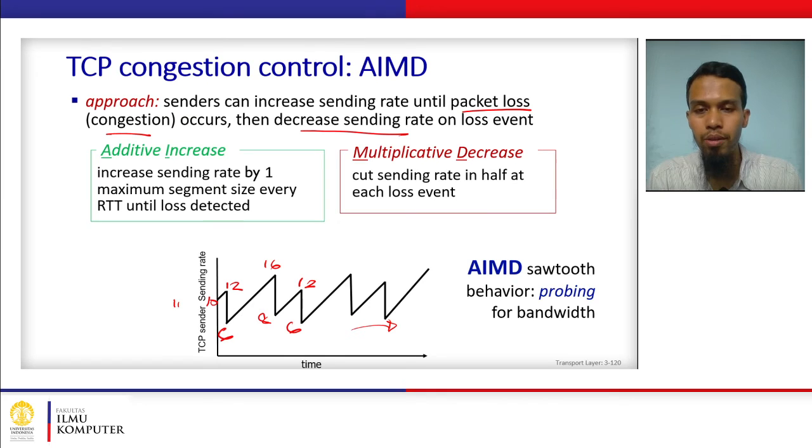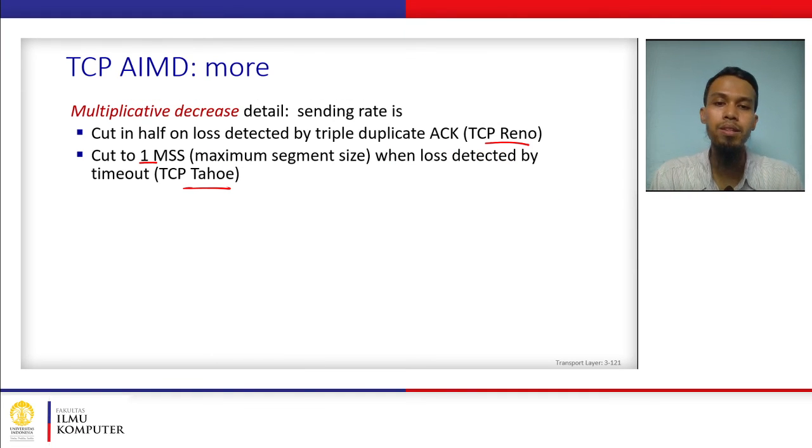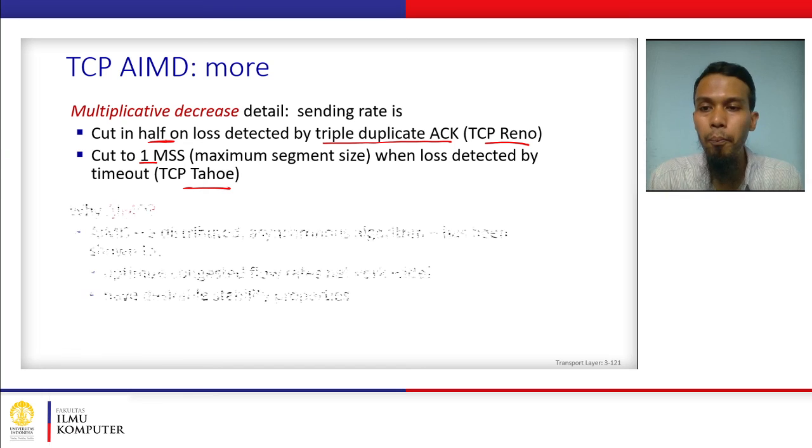So if we go back to this slide, in TCP Tahoe, no matter how many segments it sends, when it detects loss at a sending rate of 12, the next time it will start from 1, and then go up until 16. When it detects the packet loss at the sending rate of 16, it starts from 1 again. But TCP Reno cuts the sending rate to half, specifically for triple duplicate ACK. We'll talk about this in more detail in the next video.